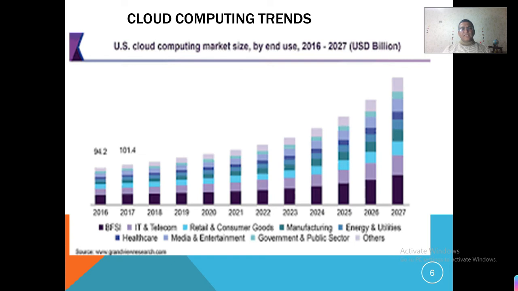So definitely it has a huge potential. We can realize this with this graph. This is done with real scenario studies, and it identifies the trends of cloud computing in today's market.